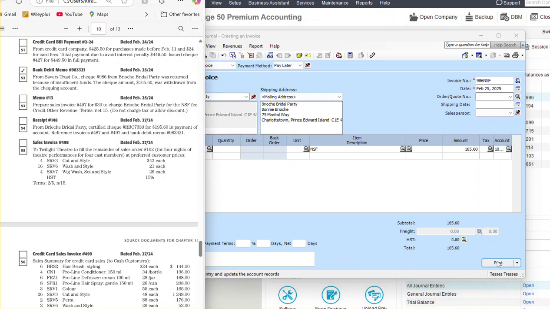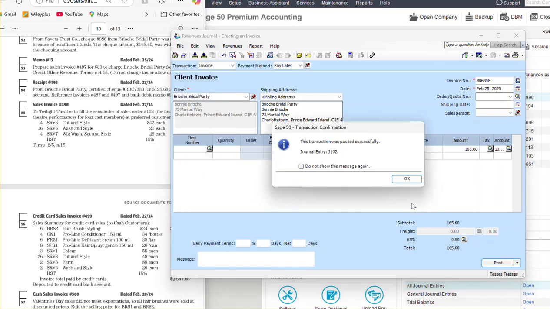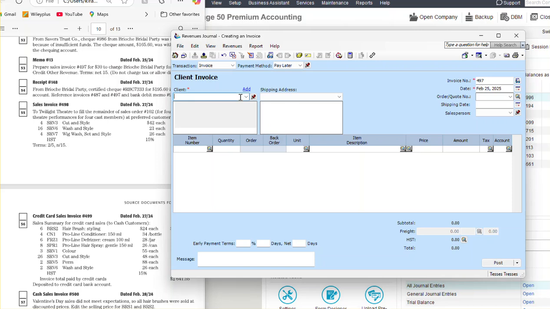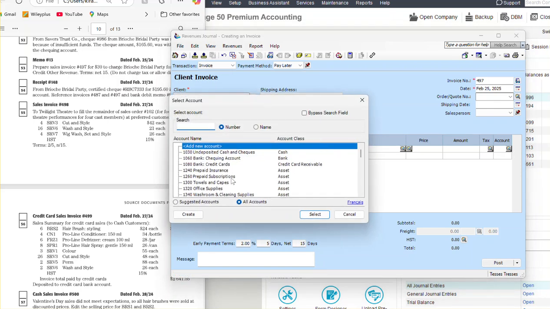Now we are going to issue them a new invoice, because they told us that we're going to charge them the post, and yes, we're going to send them an invoice because the bank charges for NSF fees. So then we're going to charge, there's no HST on that. The account will be your revenue account. So let's go to your revenue account.